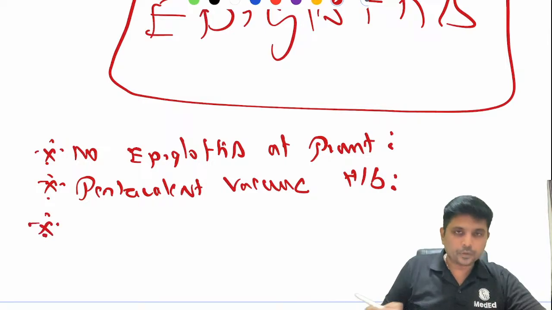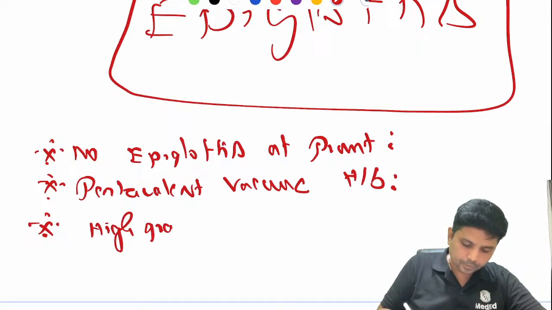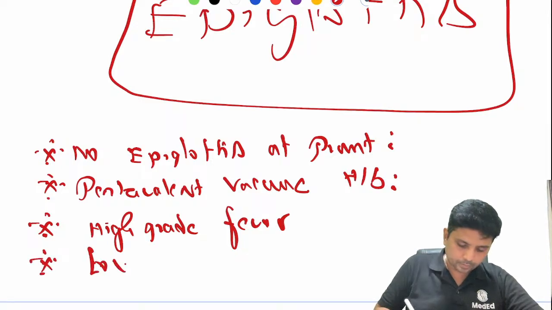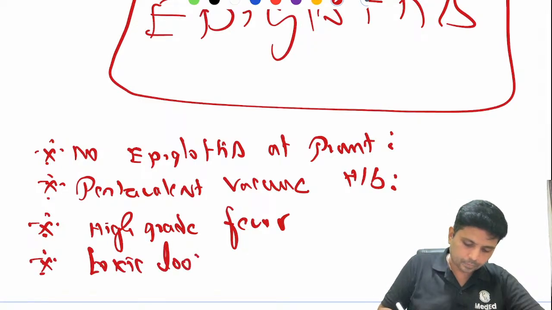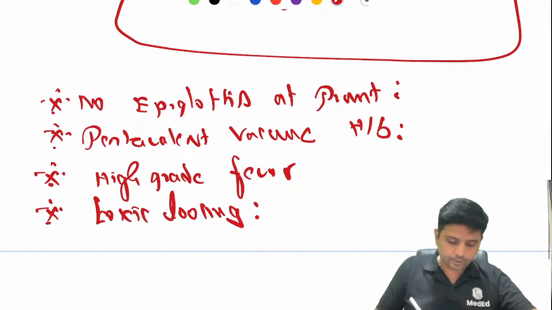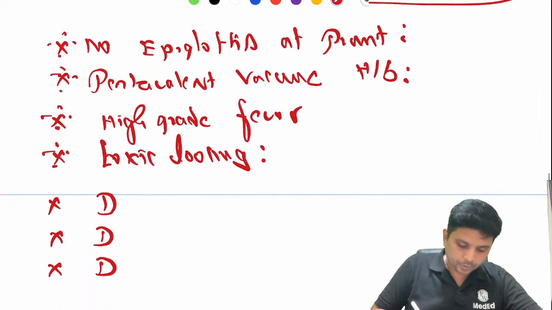If present, what is the manifestation? The manifestation is high grade fever. The child is toxic looking, with high grade fever and three D's. What are all the D's?